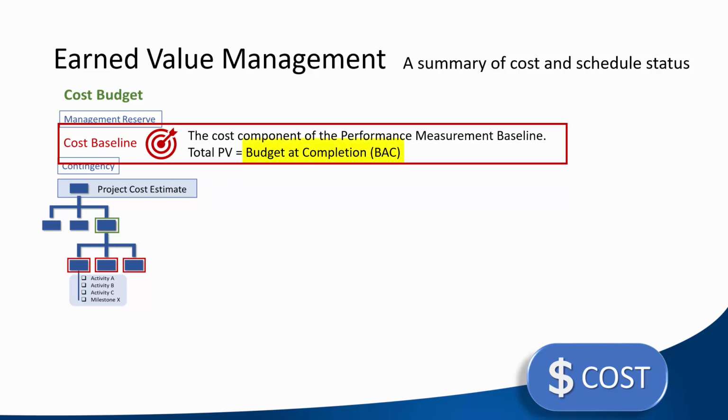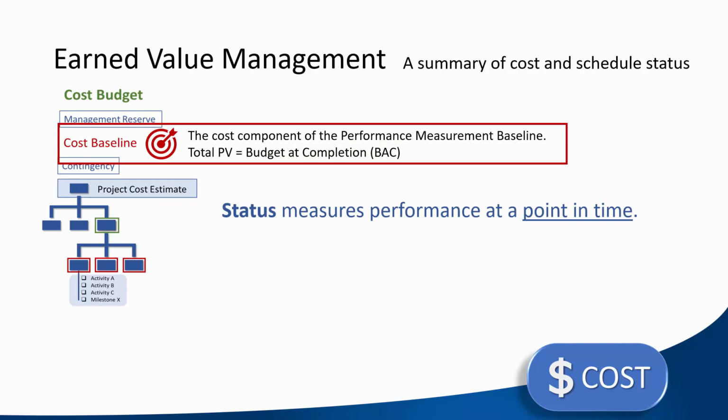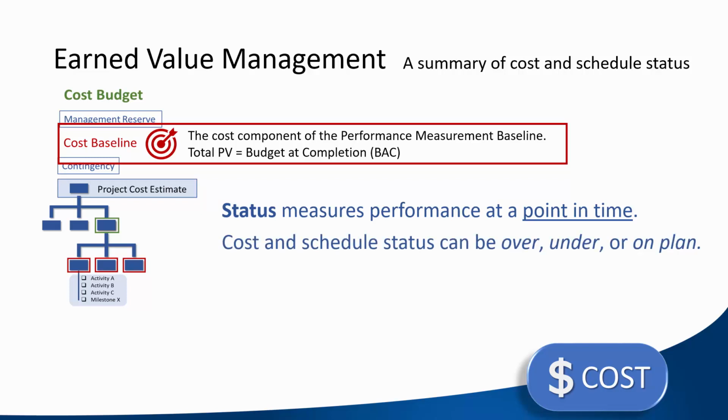Even though the term is budget at completion, it really means the total plan value. This status is a measure of performance at a point in time. Recording status on a regular basis will show trends. Both cost and schedule can be over, under, or on plan.